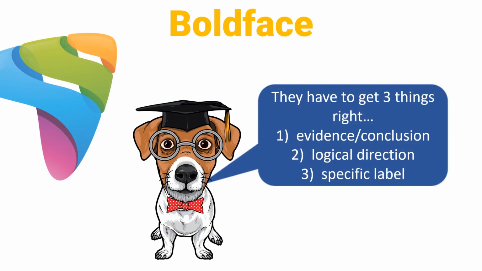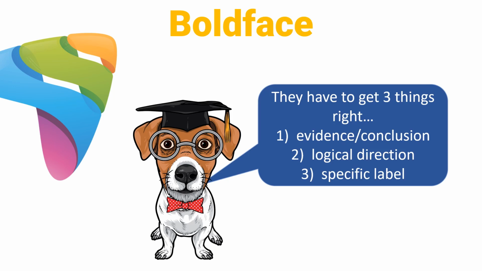So on any boldface question, they gotta get these three things right. They have to correctly label each sentence as either evidence or a conclusion, and they've got to get the logical direction right. At that point, you're usually down to the correct answer. Sometimes they can be mean and they can have you nitpick the specific label that they've attached to each sentence.